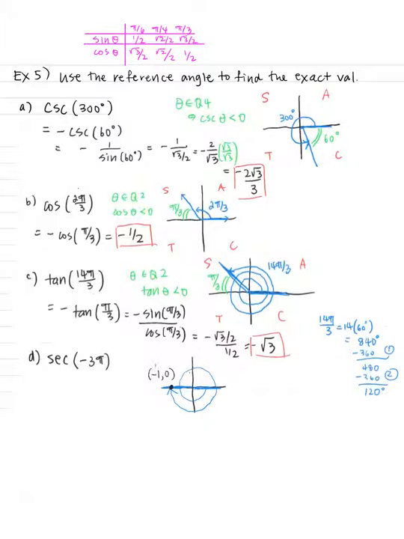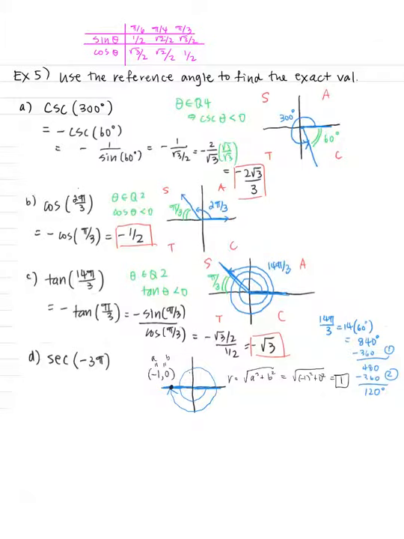So this is the value of A, and this is your B. Remember, r is the square root of A squared plus B squared. So r is the square root of negative 1 squared plus 0 squared, so r is going to be 1.